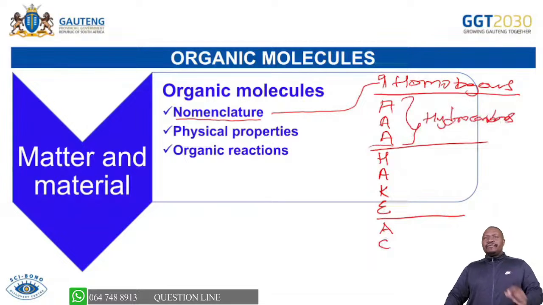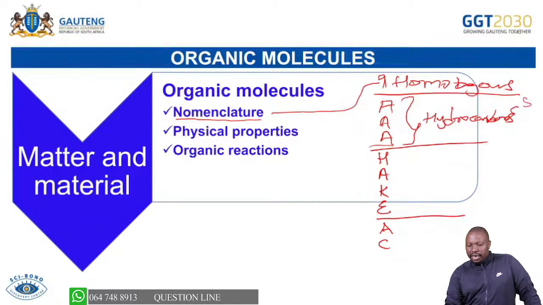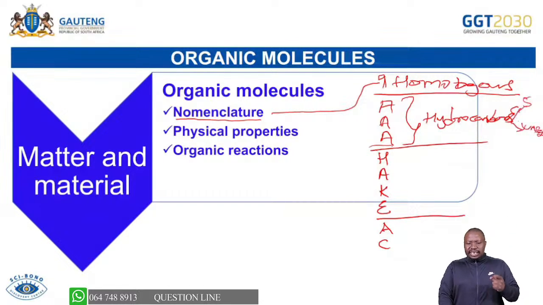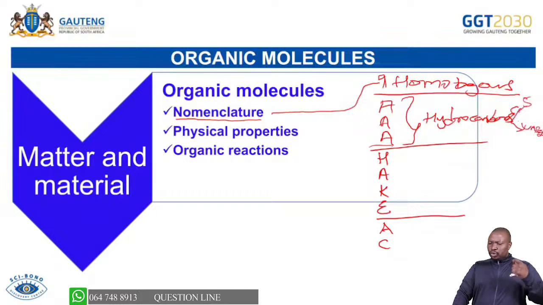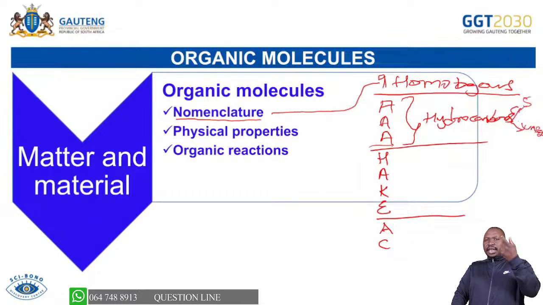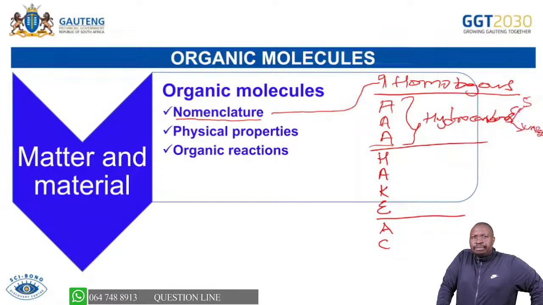Remember, we have 2 types of hydrocarbons, which are saturated and unsaturated. So you got to know all these definitions. Definitions are important, so it's important for you to know what a homologous series is. We'll be talking to that in terms of question 2. You are able to define hydrocarbons, saturated and unsaturated hydrocarbons, differentiate amongst them, and identify whether it's saturated or unsaturated, which is important.